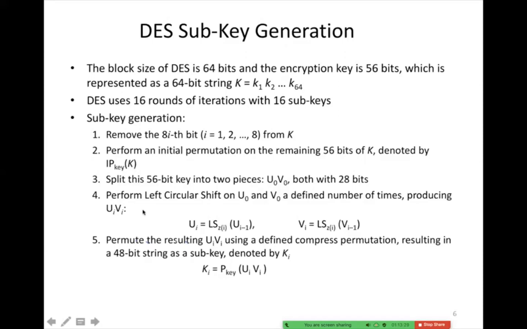And then it performs left circular shifts on U sub 0 and V sub 0 a defined number of times, producing U sub I and V sub I. So this is how it is done. This is a left circular shift.